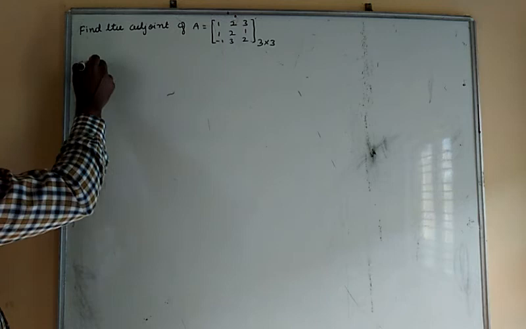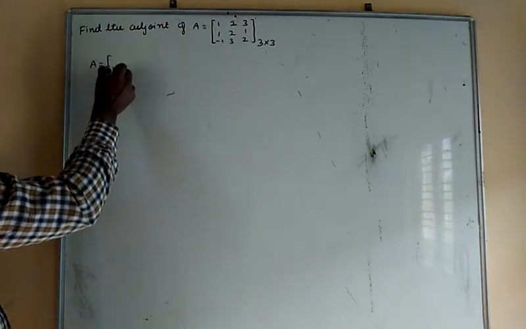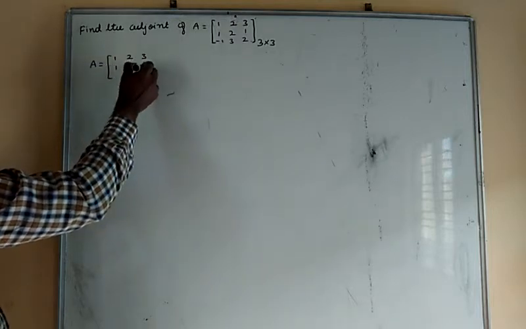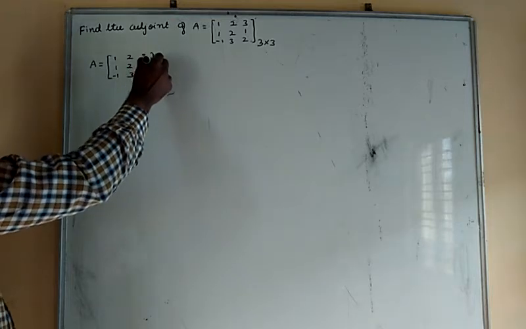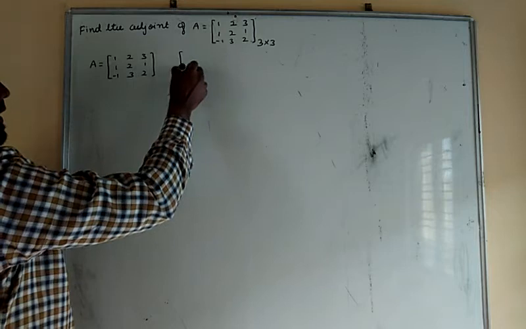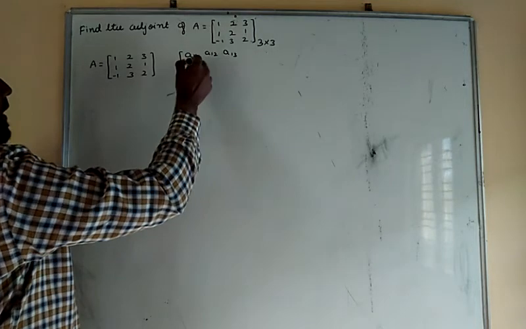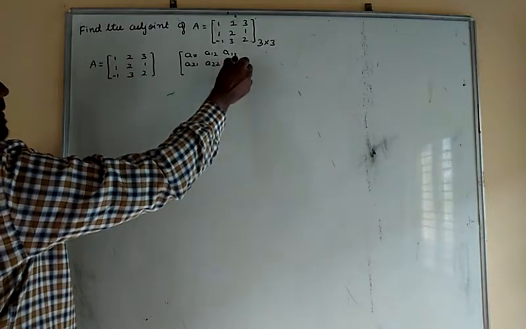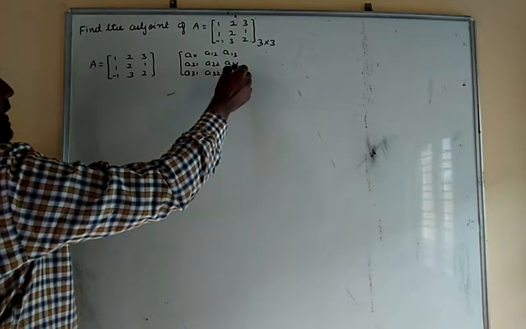So let us take A. A is a matrix 1 2 3, 1 2 1, minus 1 3 2. We know the general form of the matrix, that is A11, A12, A13, A21, A22, A23, then A31, A32, A33.